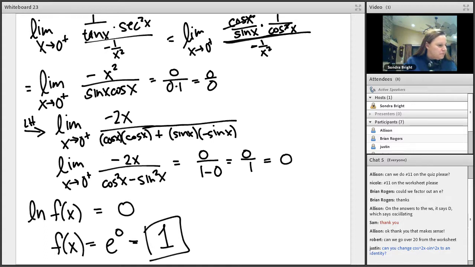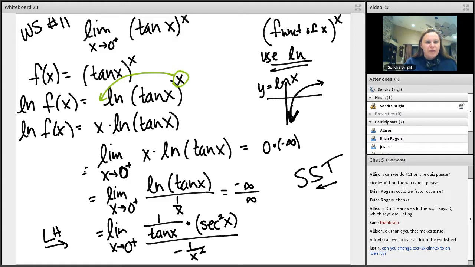Right? What was that? Number 11. Yep. Oh, I forgot to identify that it was a 0 to a 0. Okay, let me go back over there real quick. Whoops, I hit the wrong button. Back. Because you do have to identify what that original function is.